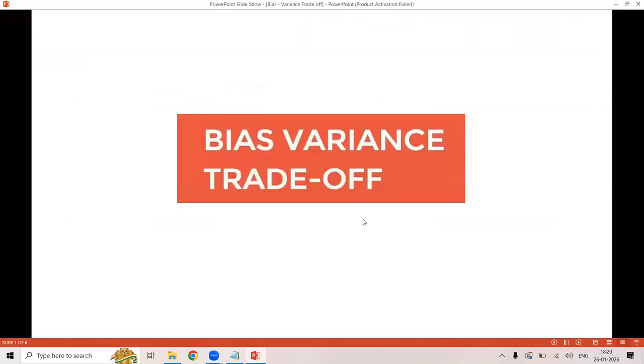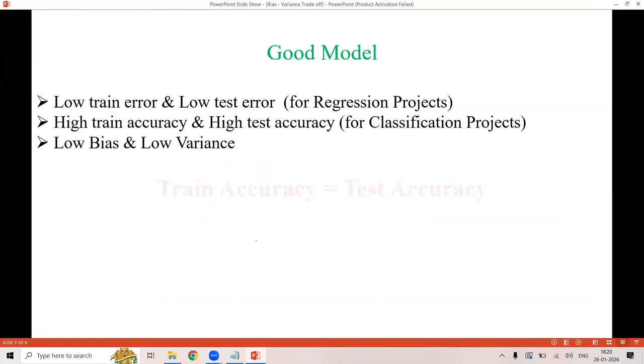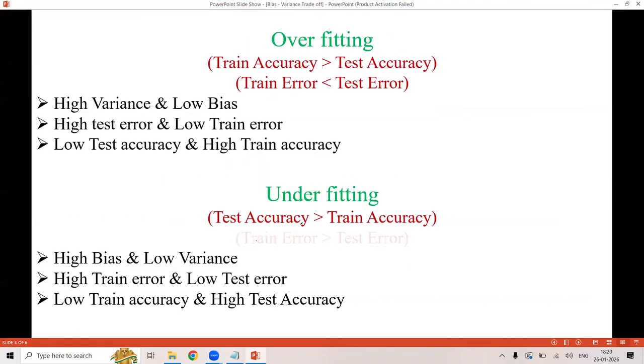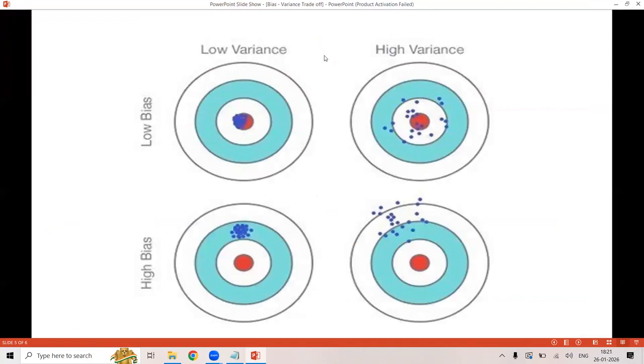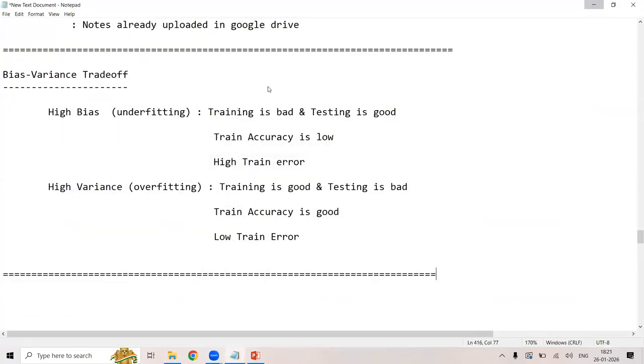Low bias, low variance. Low bias, high variance. High bias, low variance. High bias, high variance. Sir, what is this diagram meaning? So here I'm going to show you the meaning and I will explain with a small example.